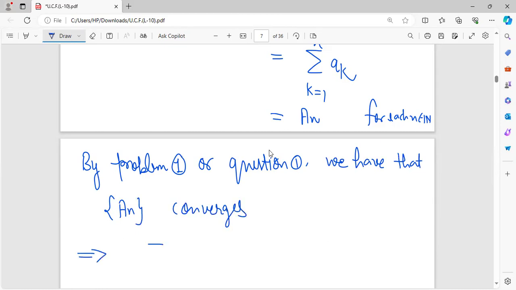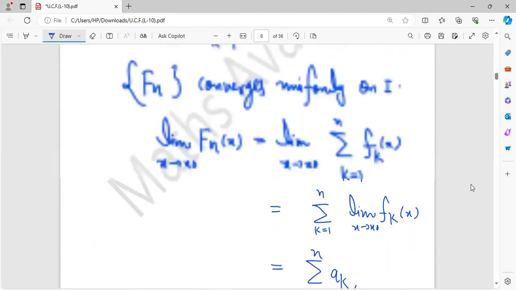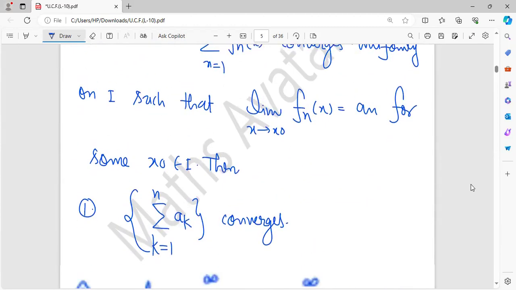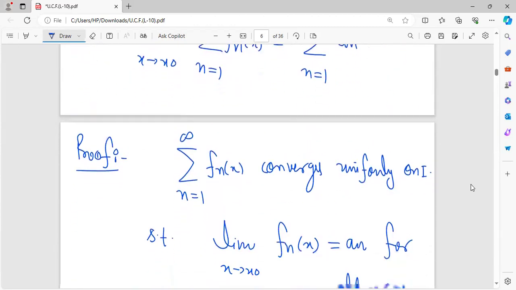It means this summation k goes from 1 to n of ak converges. So one part is done. Converges.